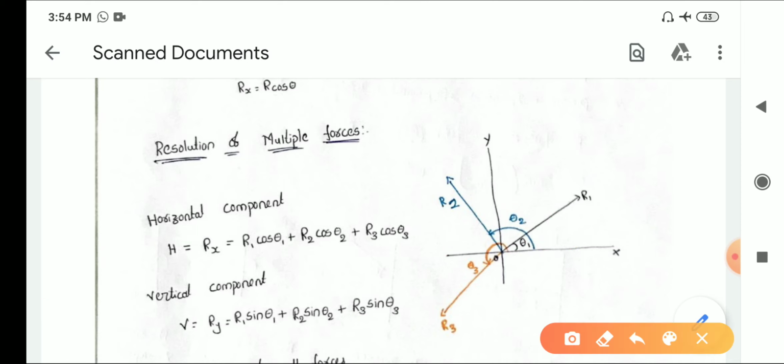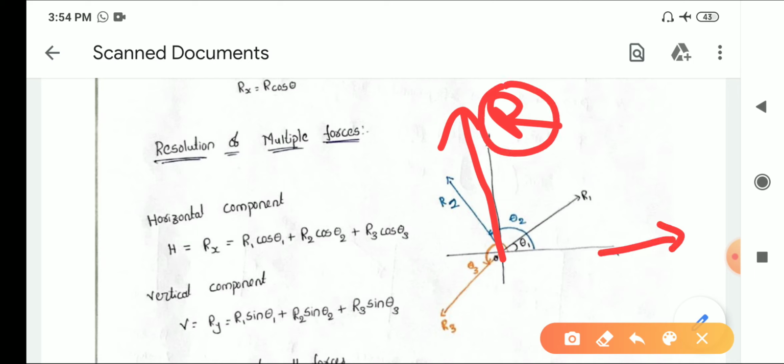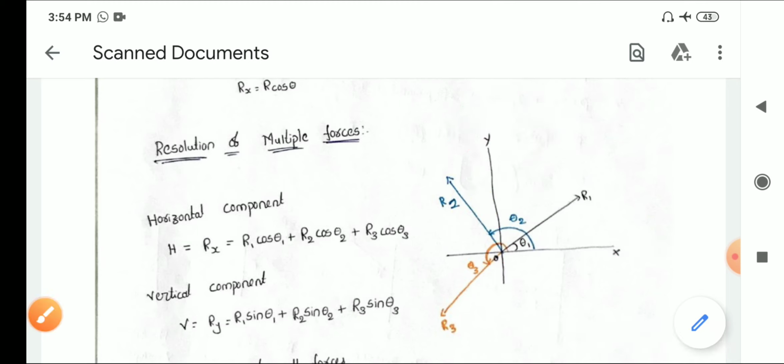That means if three forces are acting, there is definitely a resultant force which makes all the three forces into a single force, right? For example, the resultant force may be somewhere here. What is the component of this resultant force in the x direction and in the y direction? It is just the summation of the x components of all the forces. That means first resolve all three forces individually.